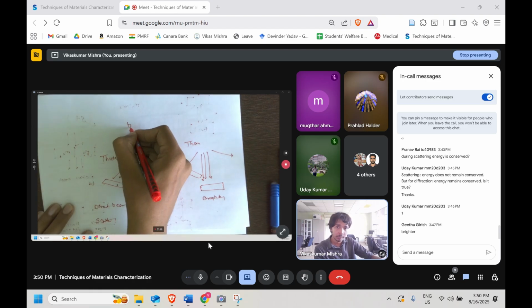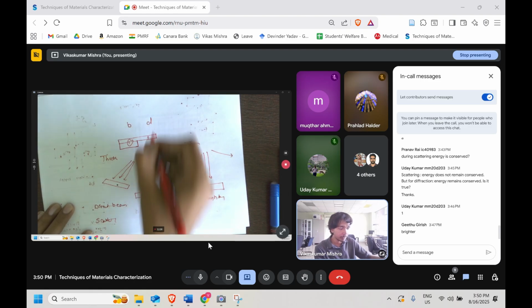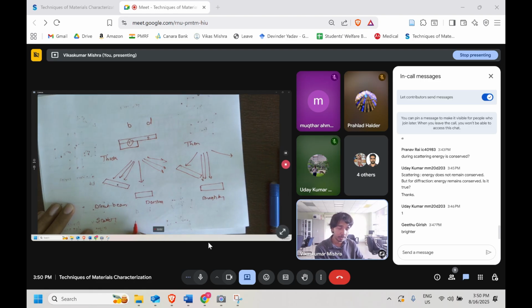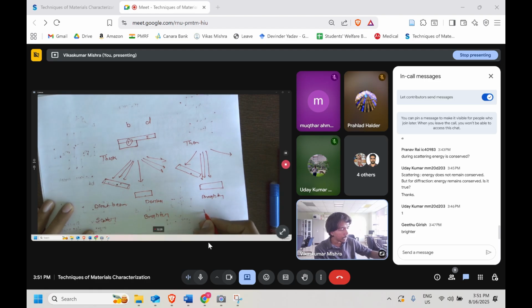What do you think, guys? Here it's scattered more, so now I'm seeing the scattered beam. If I move my detector from here to here, will I see more or less compared to this? Since there is more scattered beam and I'm seeing only the scattered beam, here it will be brighter. Here it will be darker.